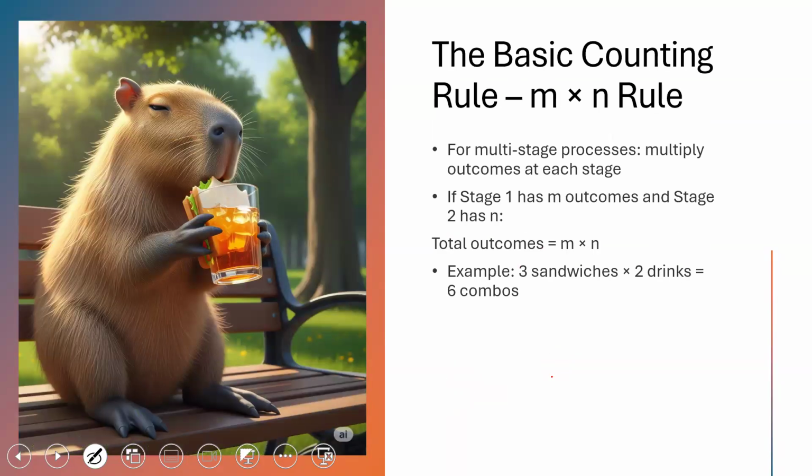Let's start with the simplest form, the basic counting rule. If you have 2 stages of a process, and each stage has a fixed number of choices, then the total number of outcomes is the product of the options at each stage. For example, imagine a fast food menu that offers 3 sandwich choices.